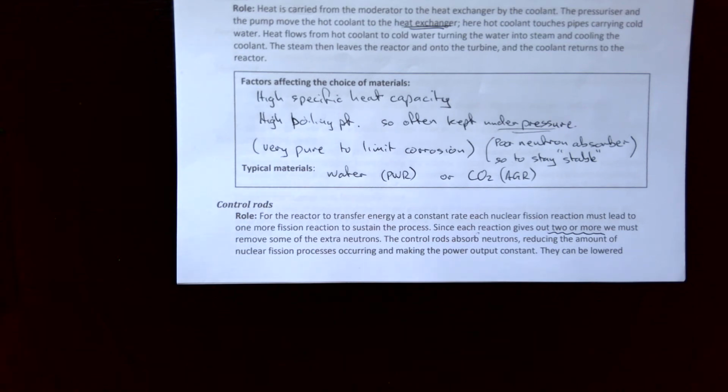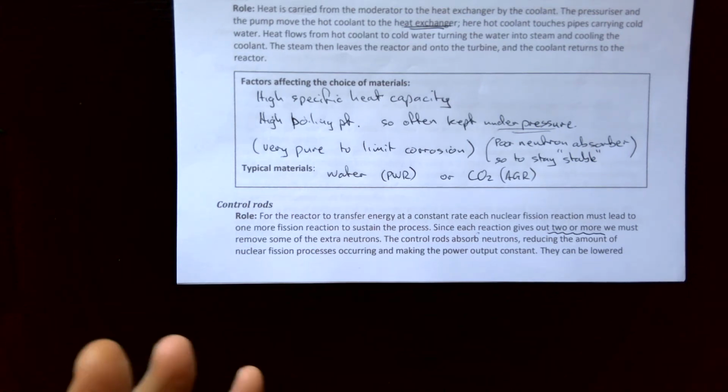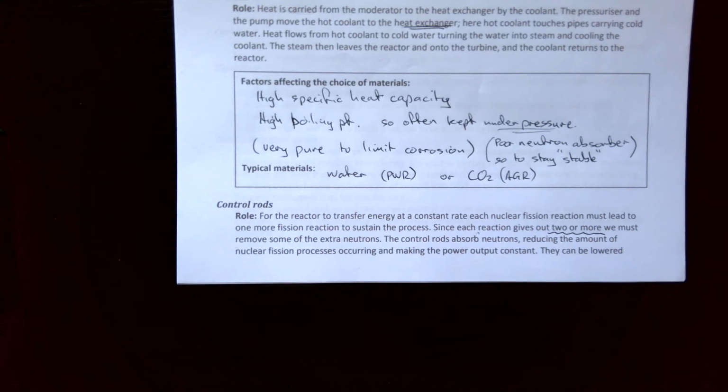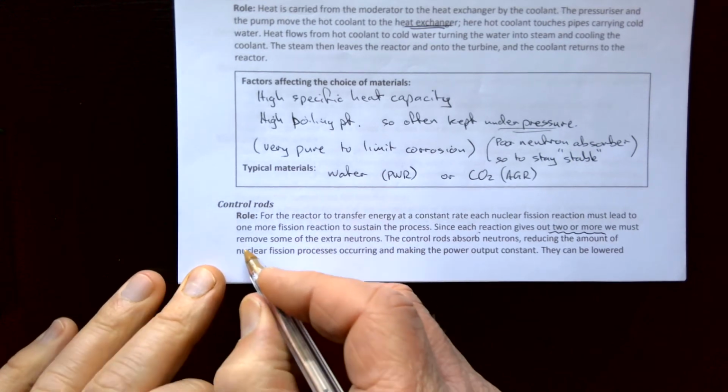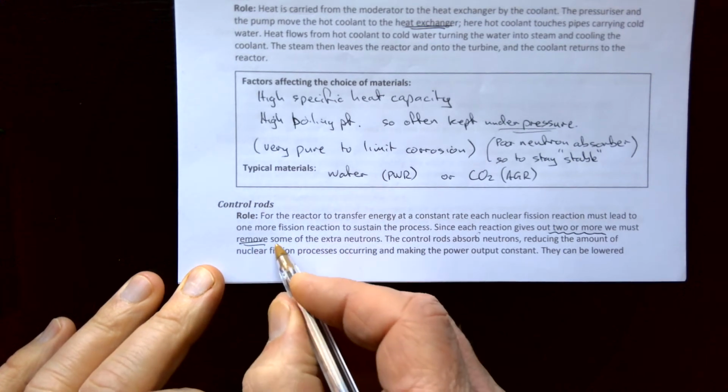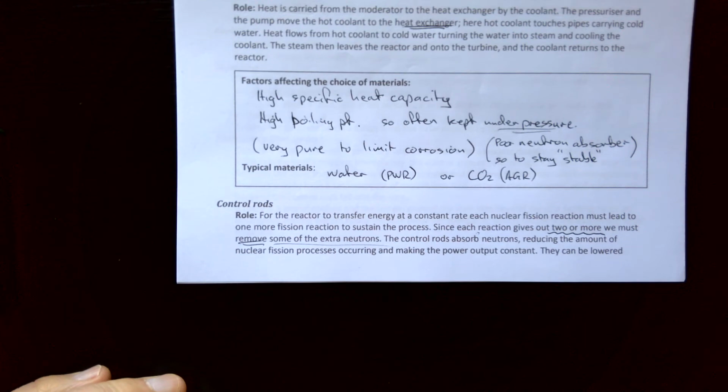So that could increase the rate of your reaction by 2 or 3 times each second. So it's a runaway effect. So we need to literally remove some of the extra neutrons. We need something that's really good at absorbing them.